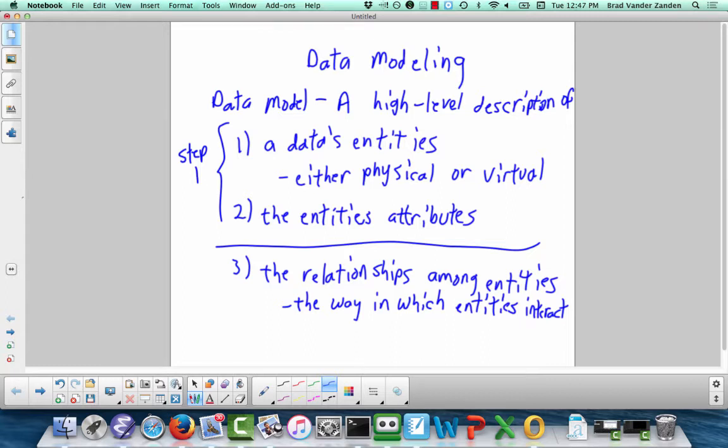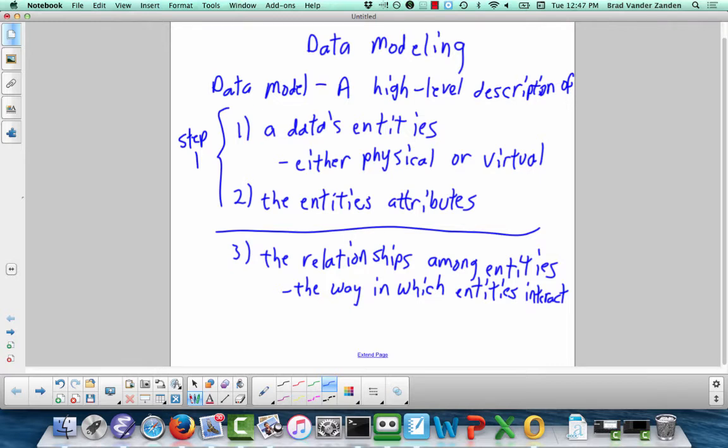We can talk more about it now. There are basically three types of relationships that we care about.